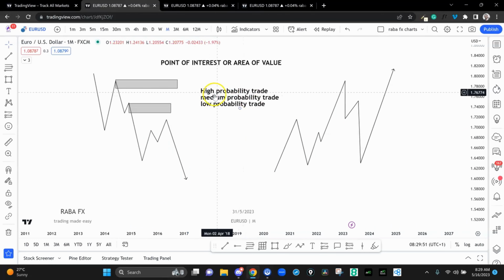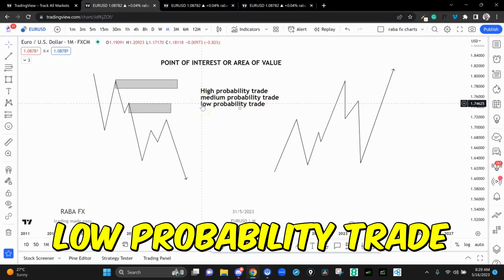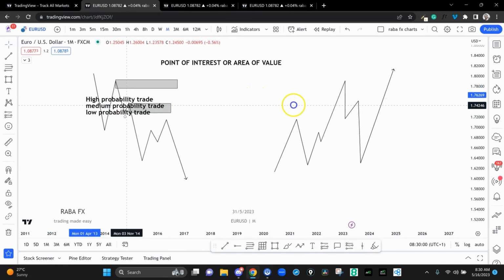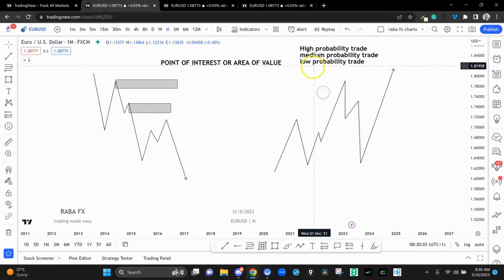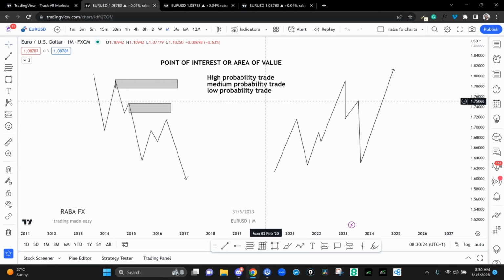So the first one is called a high probability trade. We have the medium probability trade, and the last one, I call the low probability trade. Now, this does not mean a low probability trade is one you should not take. What it means is, for a high probability trade, if you are to risk, let's say 2% per trade, you gauge it as a trade that is most likely to be profitable.